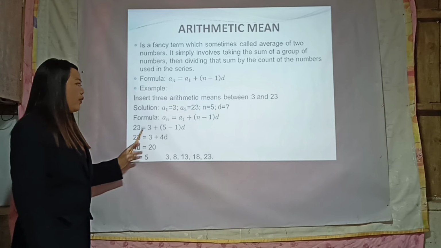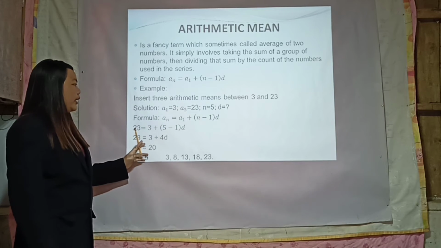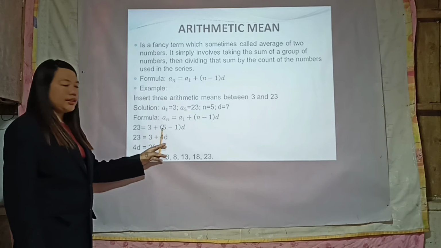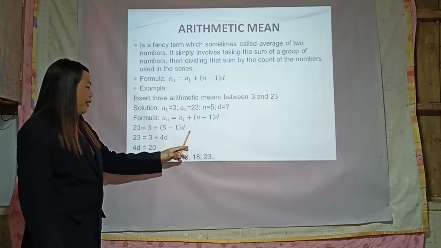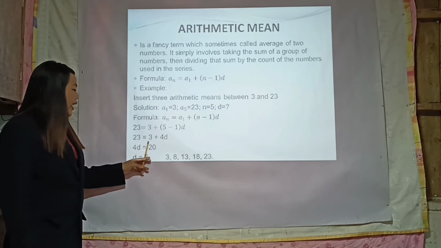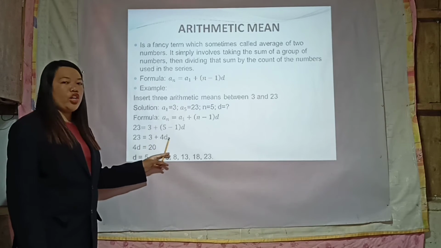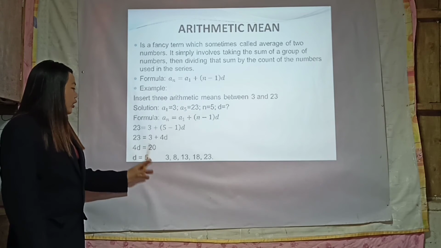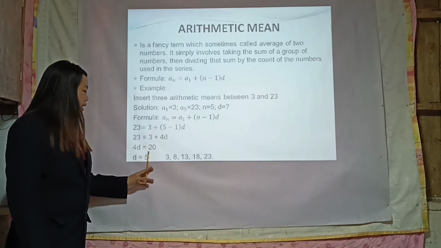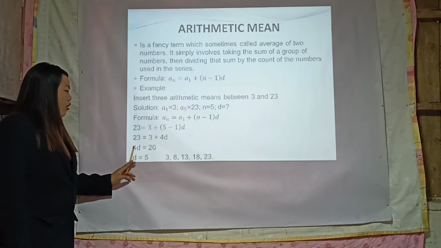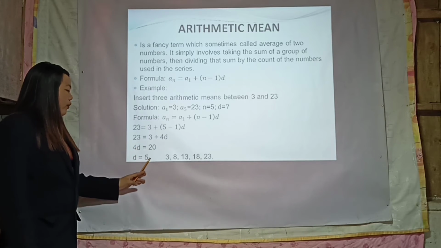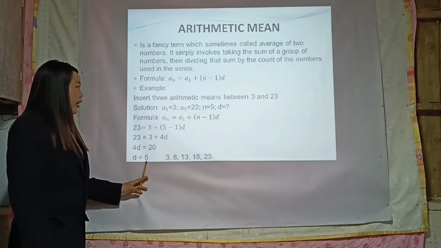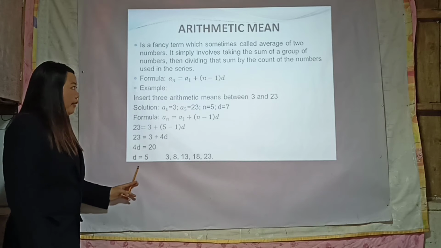So 23 is equal to 3, which is the first term, plus 5 minus 1 times d. So 23 is equal to 3 plus 4d. So 4d is equal to 20 because 23 minus 3 is equal to 20. So d is equal to 5 because 20 divided by 4 is equal to 5. Therefore, the common difference is 5.